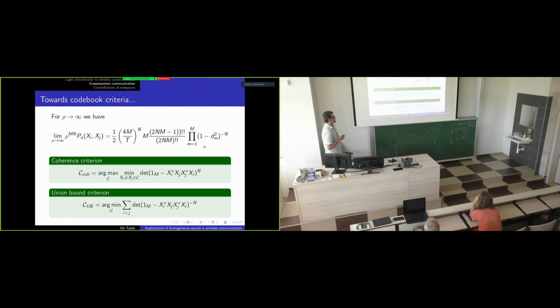And of course, you don't have to consider just maximum problems. You can consider the average or something like that. And it turns out actually that this union-bound criterion works the best. Okay, so you have some criterion how to actually find a constellation of points on the Grassmannian so that the error rate will be minimized.